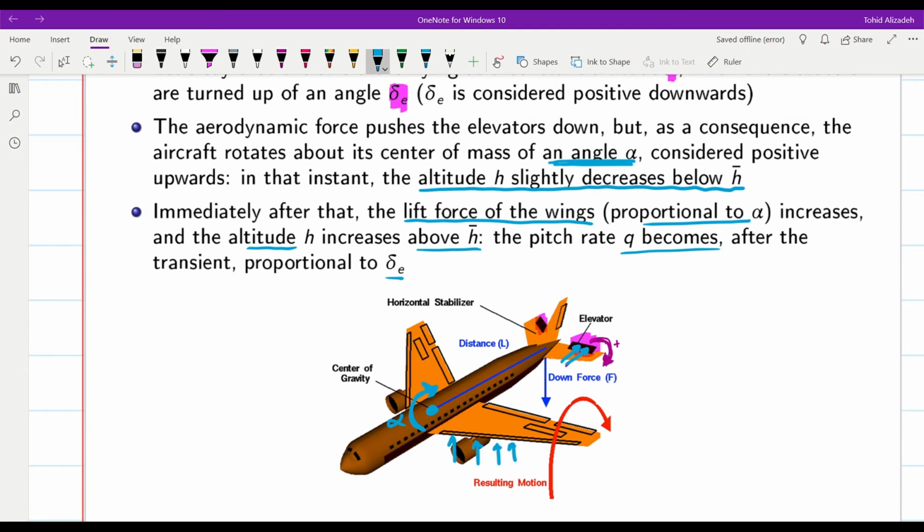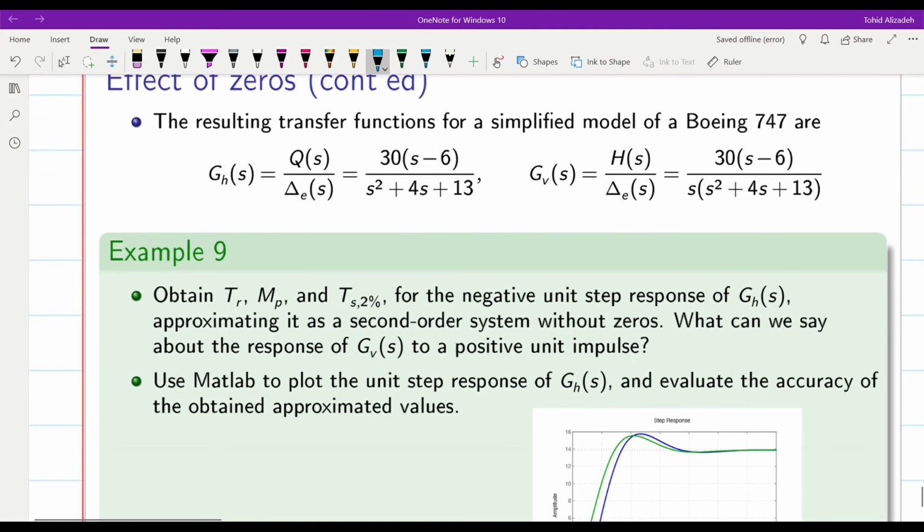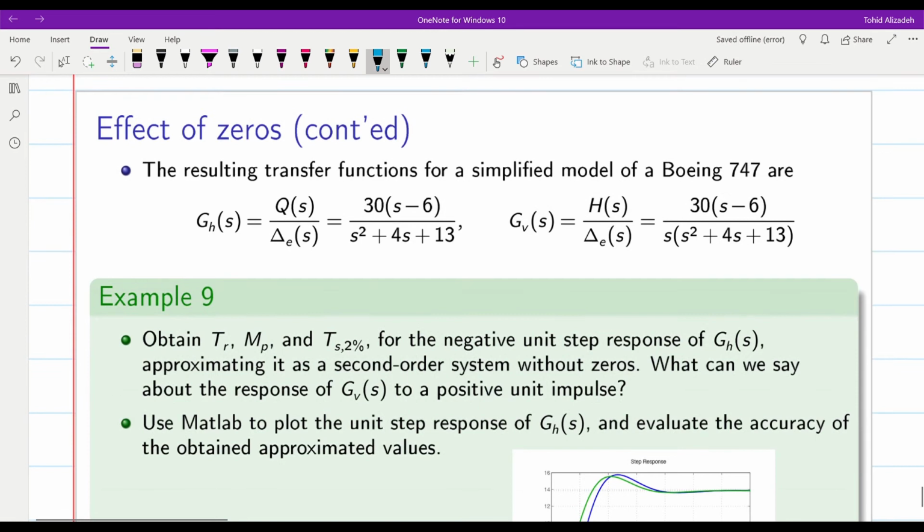Okay, so let's see over here the simplified transfer functions that we have for our aircraft model. We have gh, which is q over delta E, given in the form of 30 times s minus 6 over s squared plus 4s plus 13.